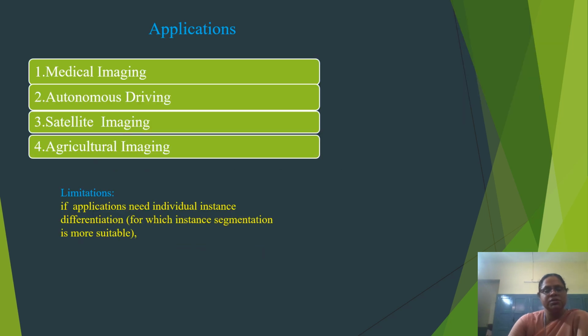The applications are medical imaging, autonomous driving, satellite imaging, and agricultural imaging. Its limitation: if the application needs individual instance differentiation, we need to go for instance segmentation.